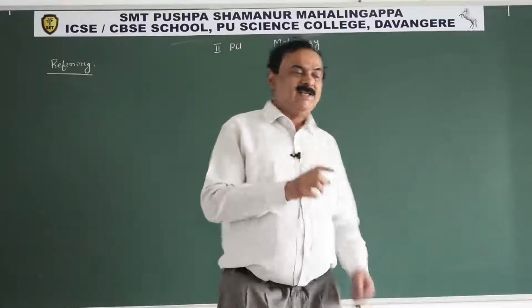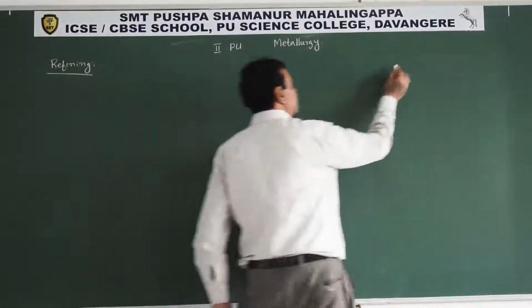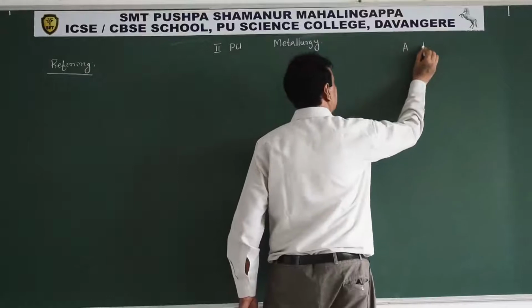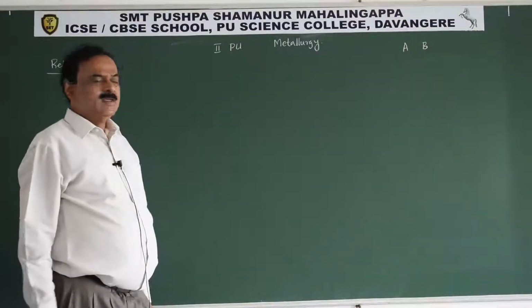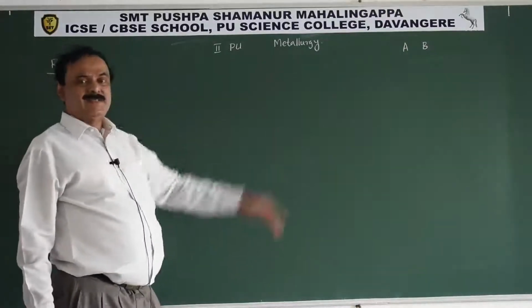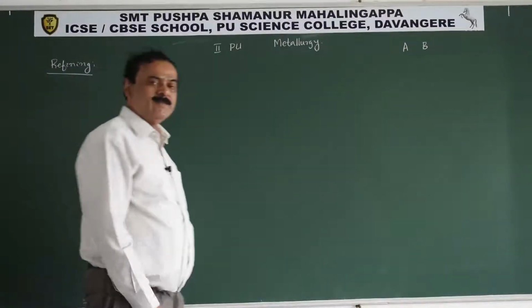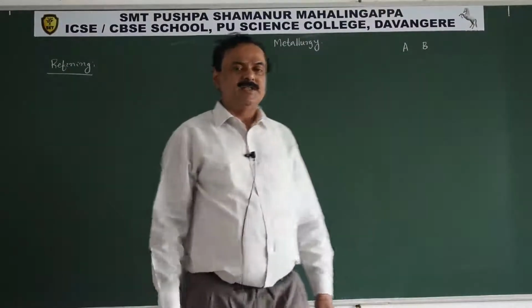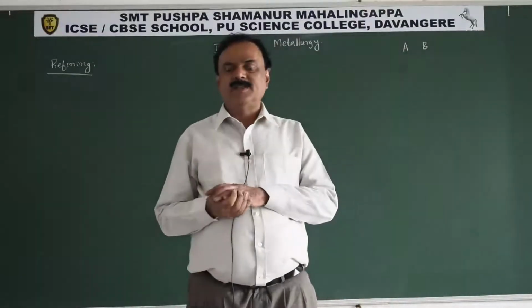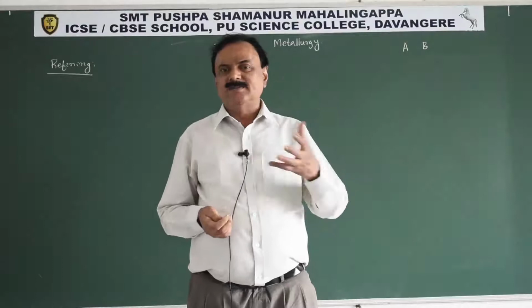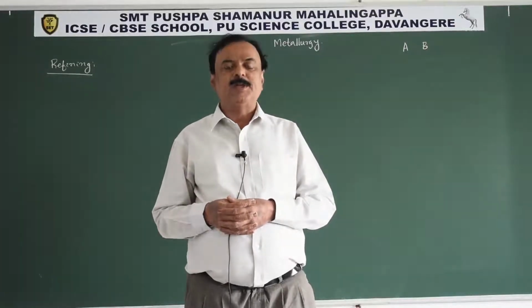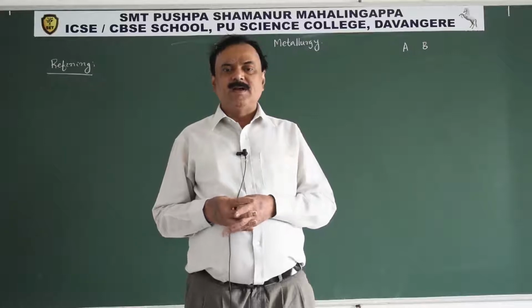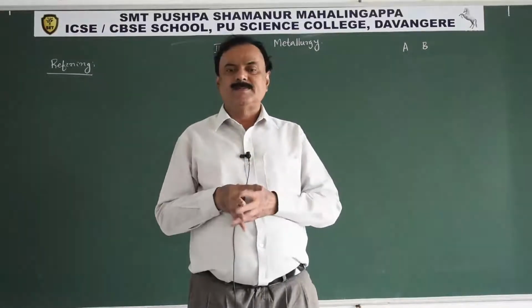Suppose A and B are two metals, whatever may be the composition. Whenever dissimilar metals are in contact with each other, in the presence of a conducting medium or in the presence of moisture or humidity, then redox reactions will occur.